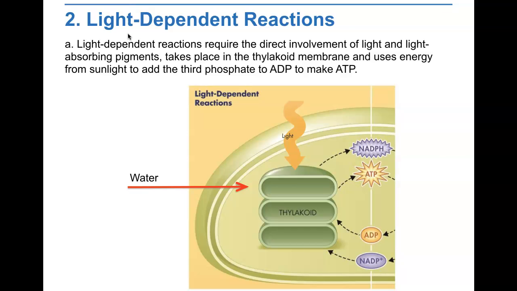The light-dependent reaction also does something truly remarkable: it takes low-energy electrons from water molecules and uses solar energy to raise them to a much higher energy level. The oxygen atoms that are left over are released into the atmosphere as a byproduct.